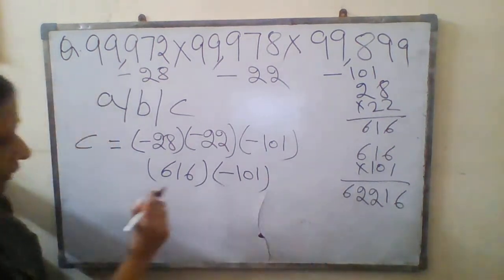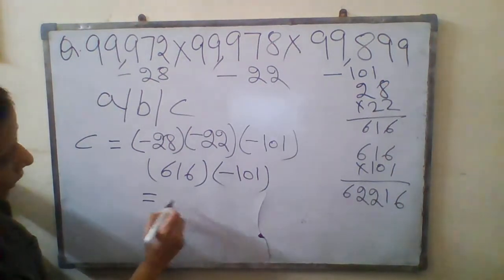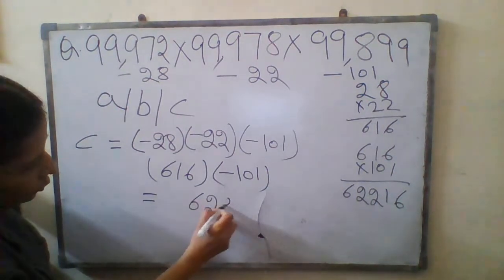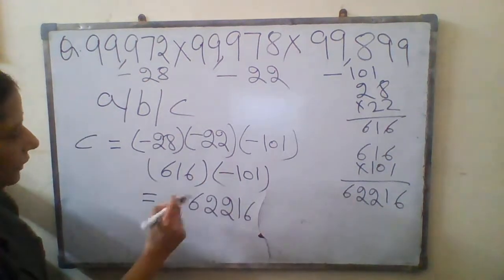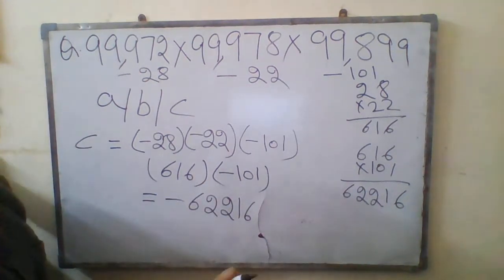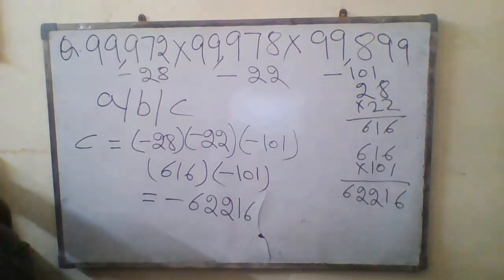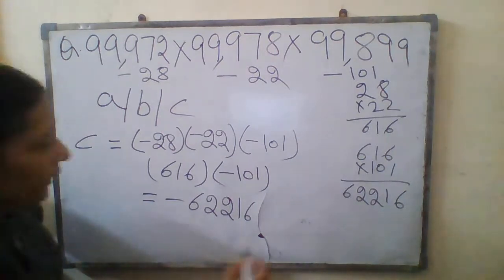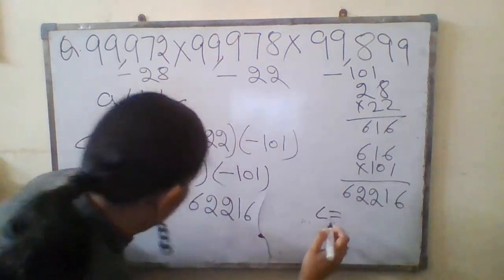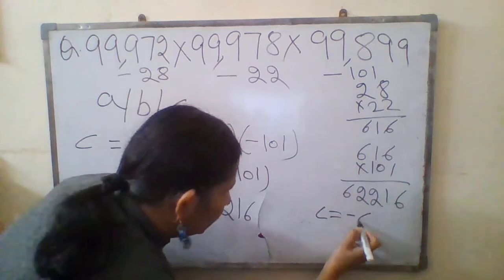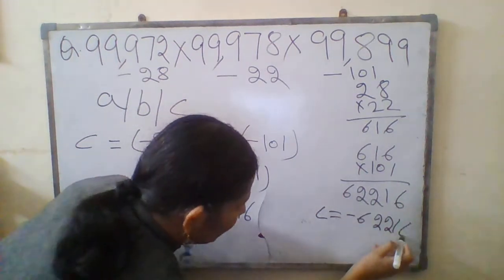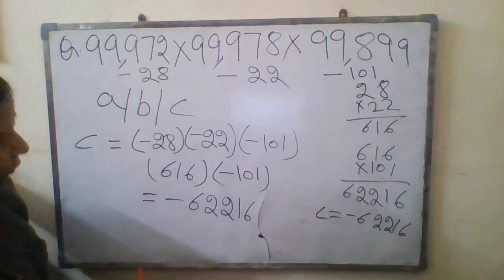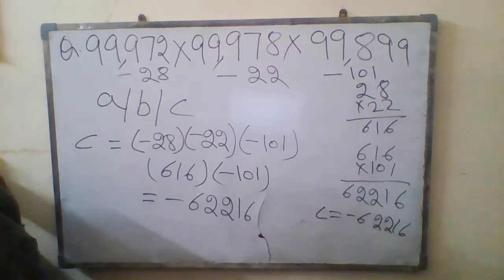What is the answer here? That will be equal to 62216. But here this is plus, this is minus. So write down here minus. Now you see here, I am going to write down the value of C here. Okay. Your C is equal to minus 62216. This is the value of C. Okay.